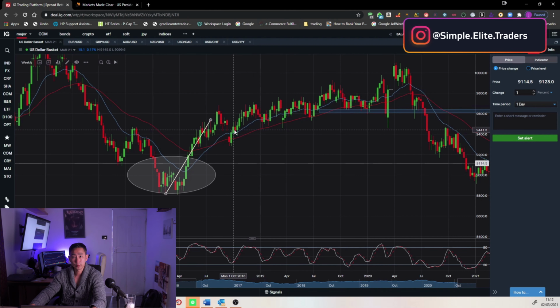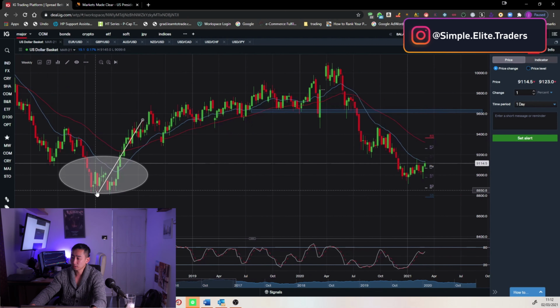If history happens again, how high can dollar index go? I drew a trend line to measure the last movement back in 2018. So I'll use the same.